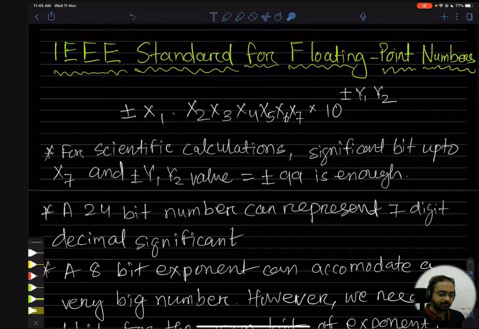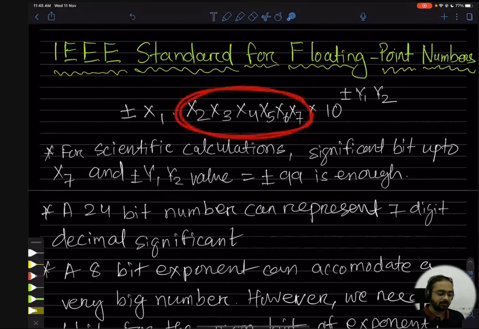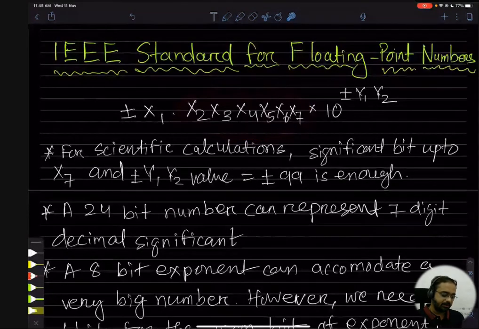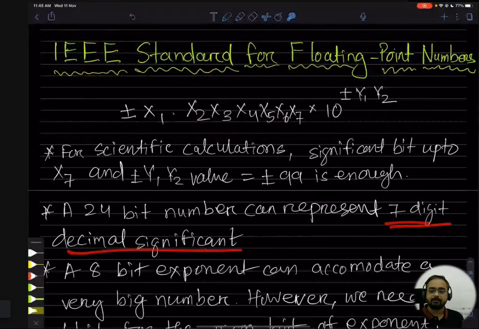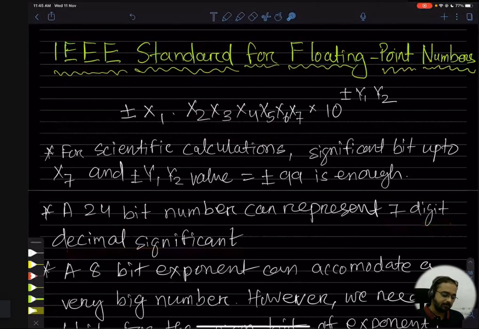For this 7th place precision, you need around 24 bits in binary to represent a 7-digit decimal significant number. When we do the calculation, we will see that 24 bits are needed.